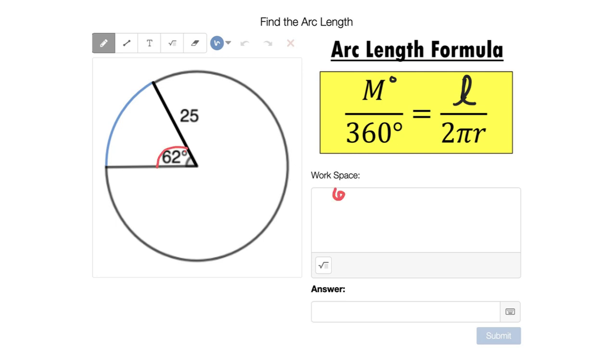That's a degree measure. So I'm going to have 62 over 360 equals, I don't know my arc length, so L over 2 pi, and then my radius I can see is 25.